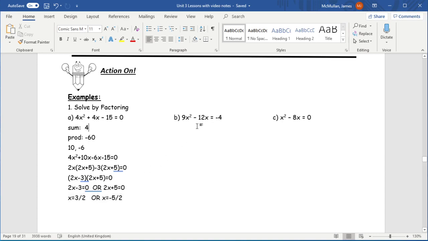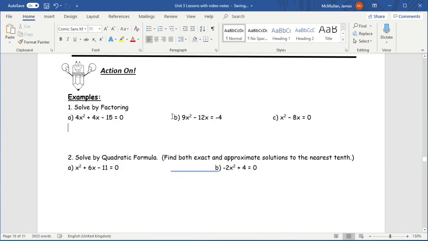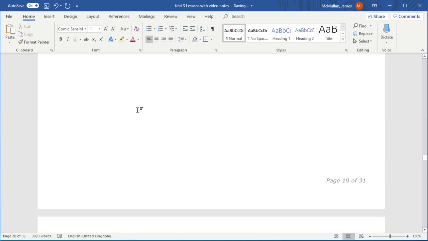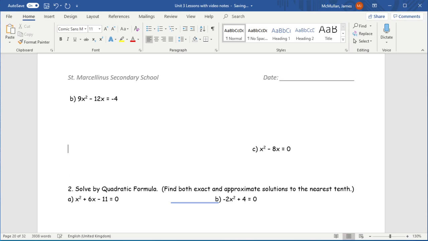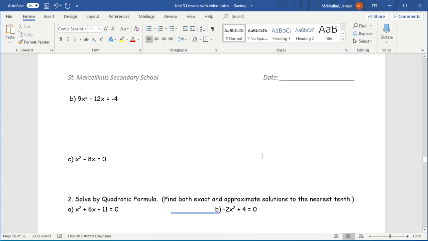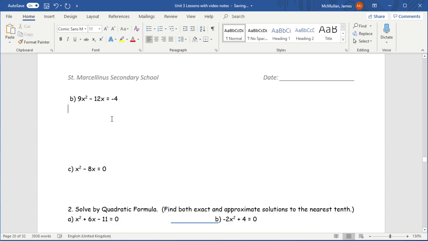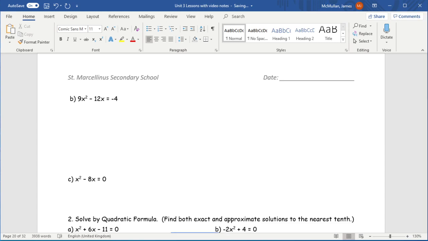Now, when you look at the second one, okay, the second one has a problem before we begin. That problem is that, I'm just going to move this down for a sec. The problem with the second one is that what we're seeing here is not equal to 0. So you might start this one, you might think, okay, 9x squared and 12x, I can factor out 3x, I'm left with 3x, take away 4, and then it's good, right?